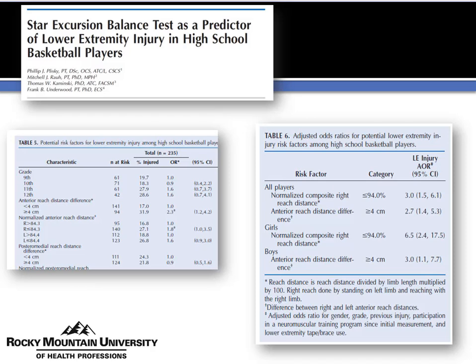And so to get those, he would have done a regression, because you can get a crude odds ratio looking at two variables, but here he's got a reference variable. In this case, grade 9 was the reference variable because we see that 1.0. And then it's comparing the risk of injury in comparison to being a ninth grader.